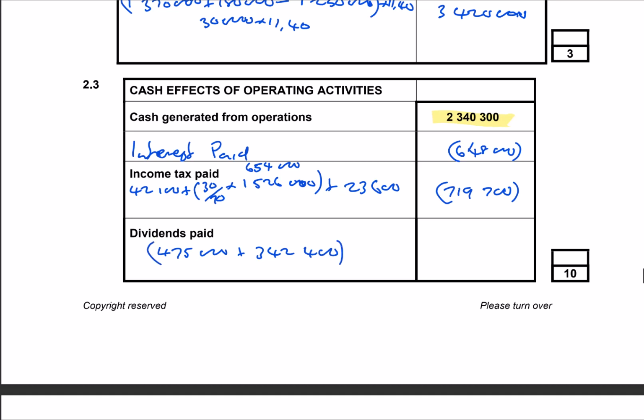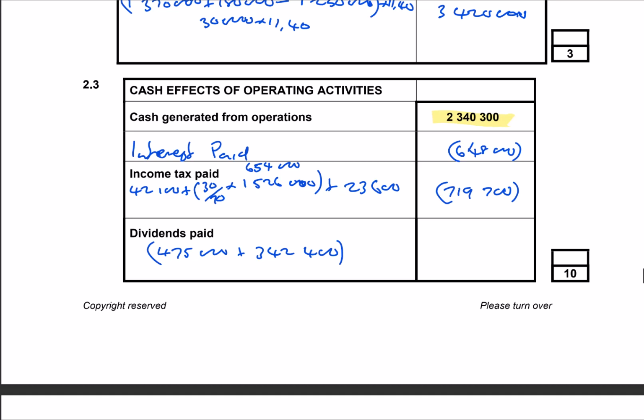But let's say you're given a total dividend, then you're given the opening balance and the closing balance. In that case, you say opening balance plus total dividend minus the closing balance to get how much was paid, because you want to take out the closing balance since it's not yet paid.